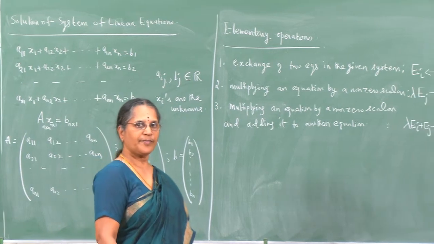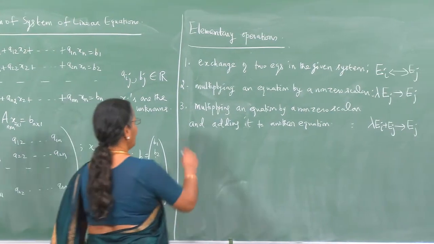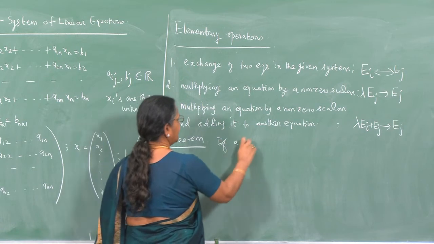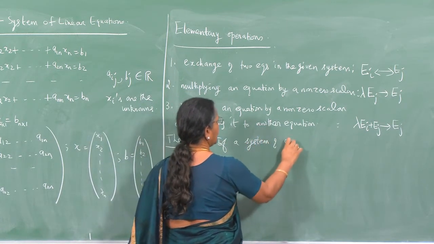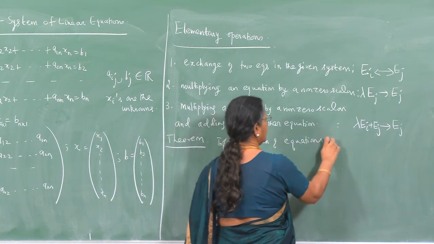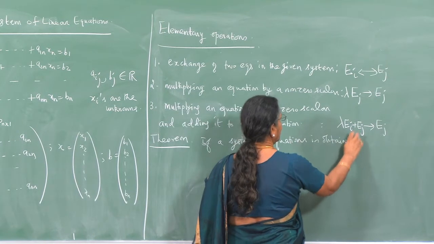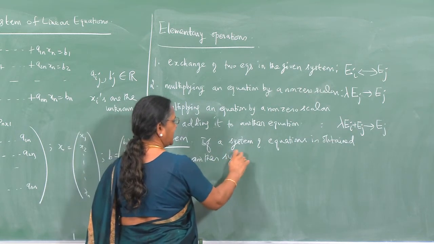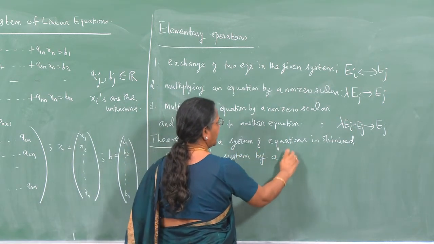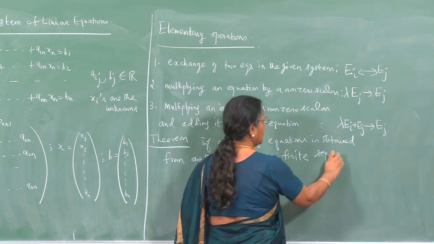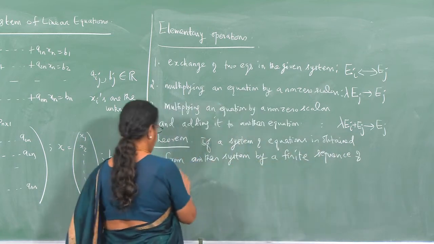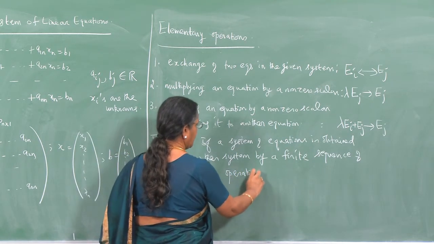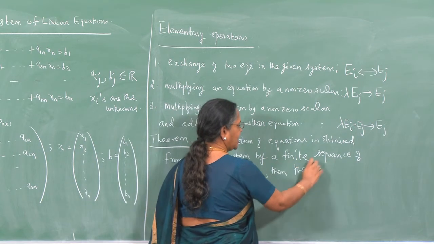The answer is no, and it is given by the following result, which says if a system of equations is obtained from another system by a finite sequence of elementary operations, then the two systems are equivalent.